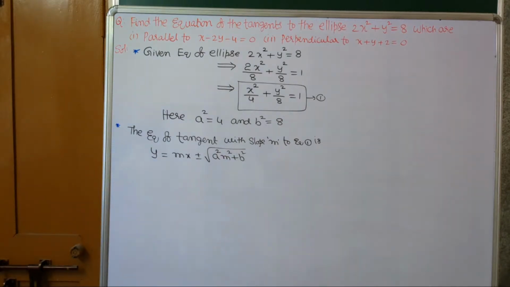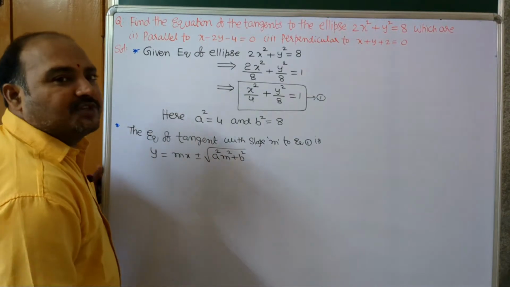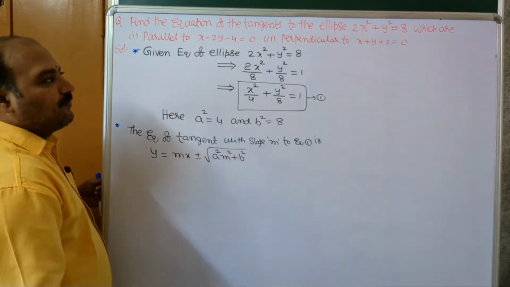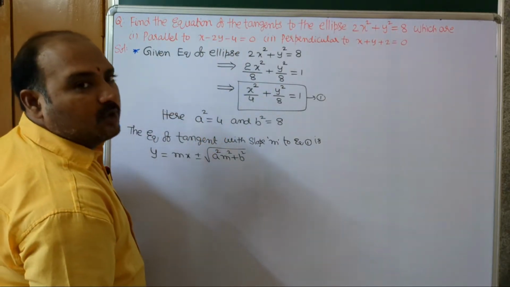This is the equation of tangent with slope m. What is the advantage of taking this equation? One case will arise. This is the given line x minus 2y minus 4 equal to 0.